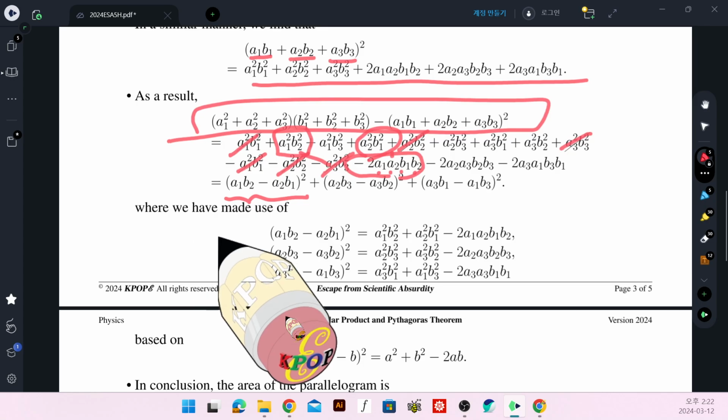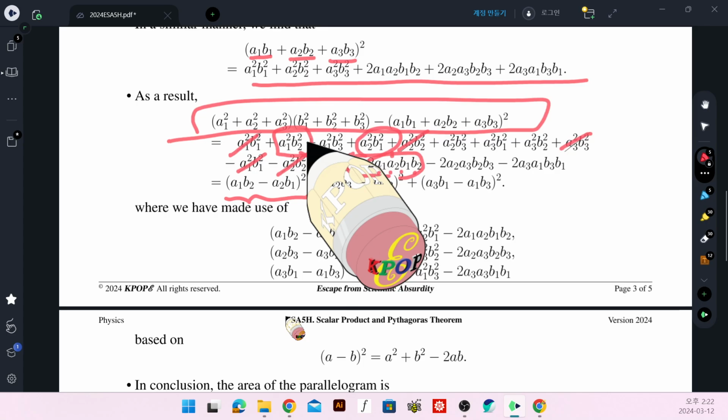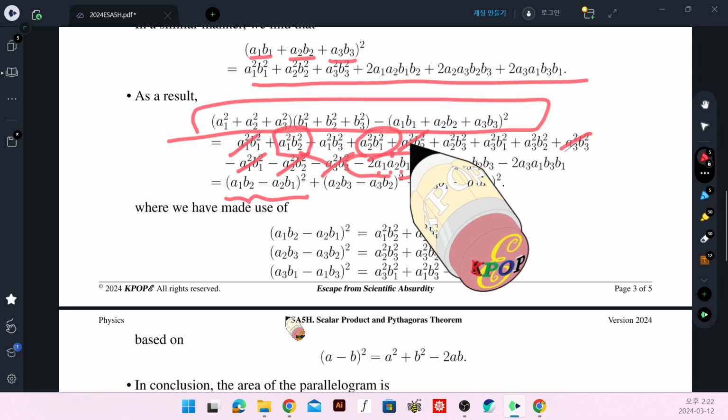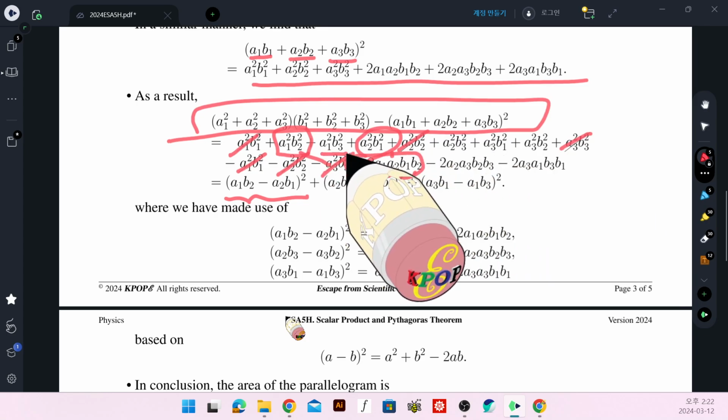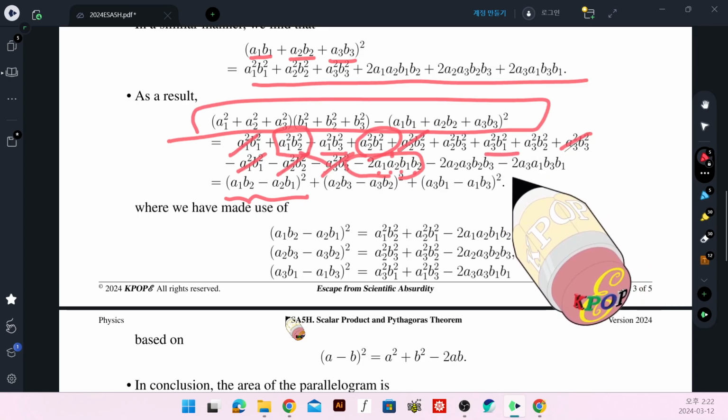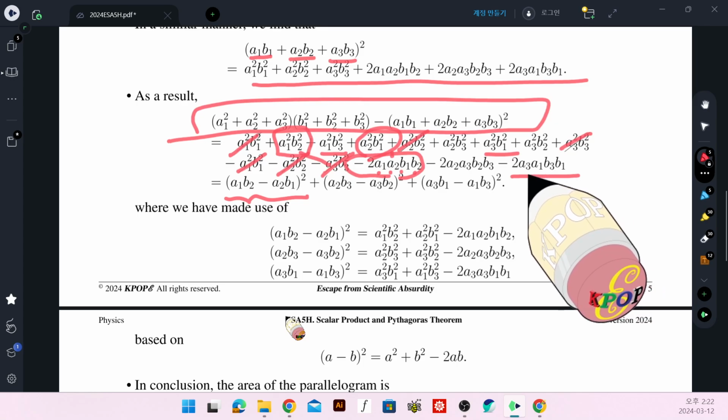Okay, we can complete the square of the remaining six terms: 1, 3, 3, 1, 1, 3, 3, 1.